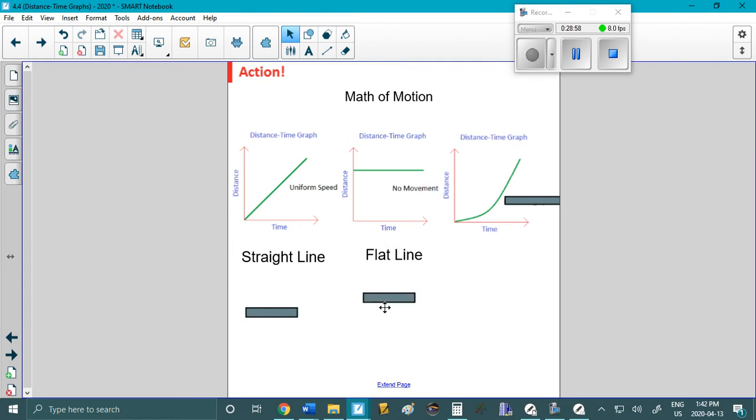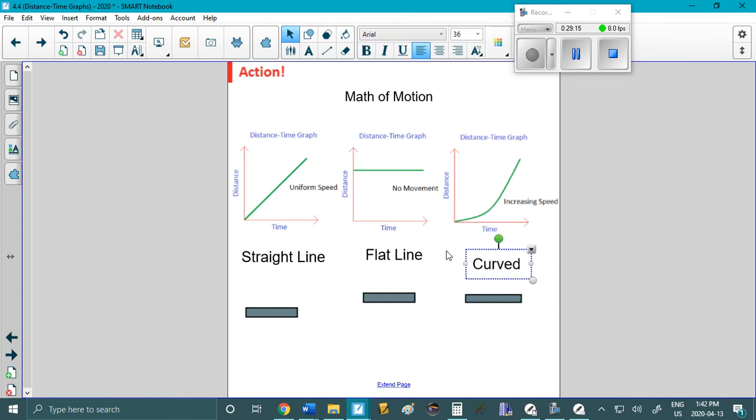That means no movement, they're stopped, whatever. If you have a line that starts and gets steeper and steeper and it curves, well, you can imagine what's happening to the speed if the line gets steeper. The speed is increasing. Okay, so this is a curved line. Now, not all curved lines mean increasing speed. They could also mean decreasing speed.